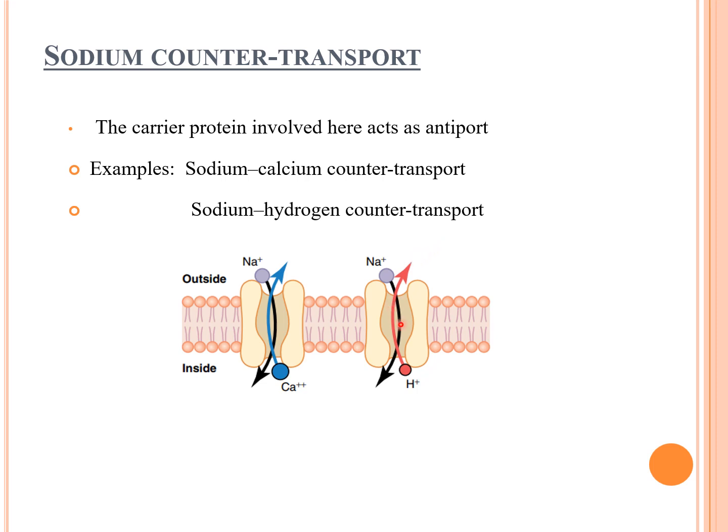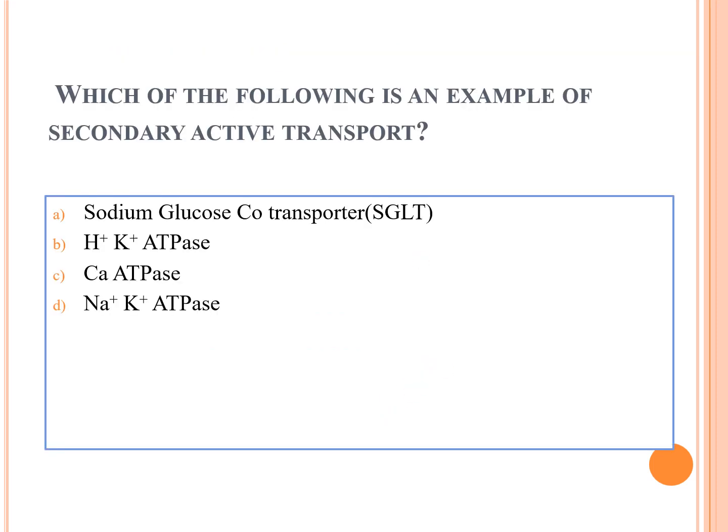So this is sodium hydrogen counter-transport. This sodium calcium counter-transport is present in most cells, whereas the sodium hydrogen counter-transport is also seen in renal tubules.